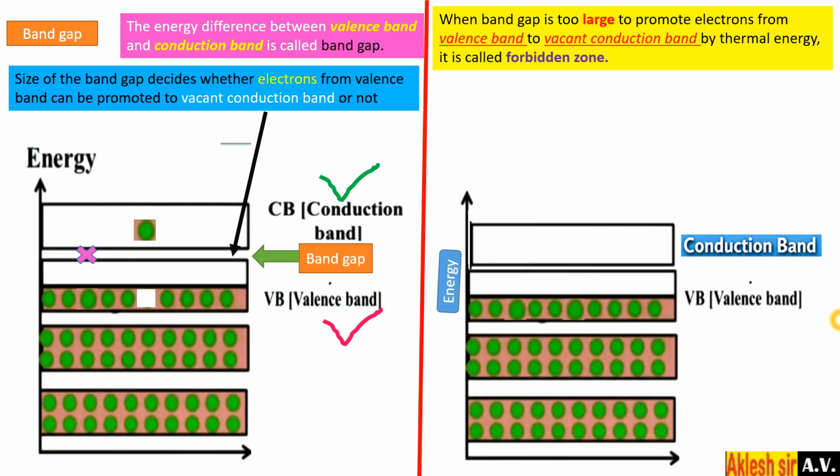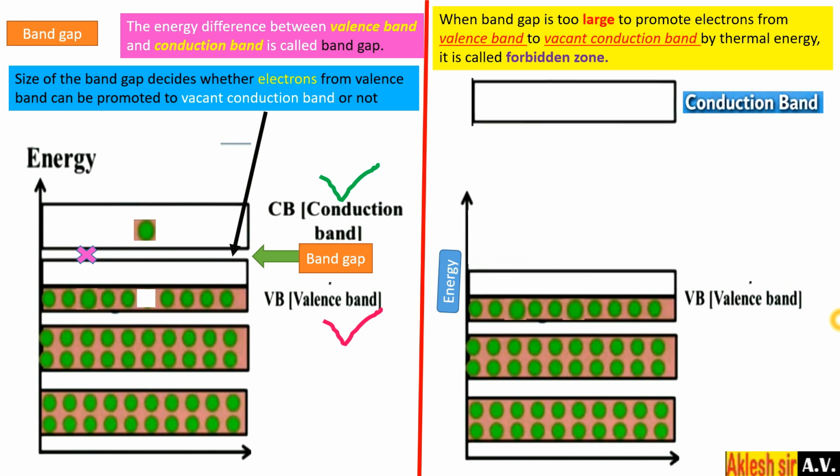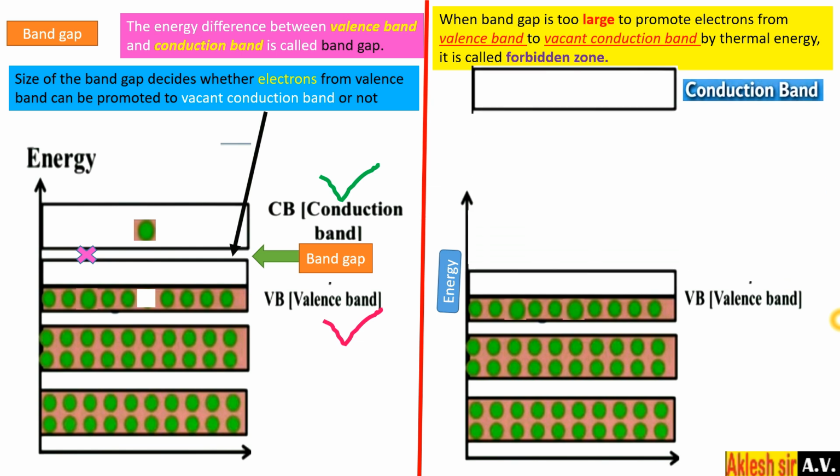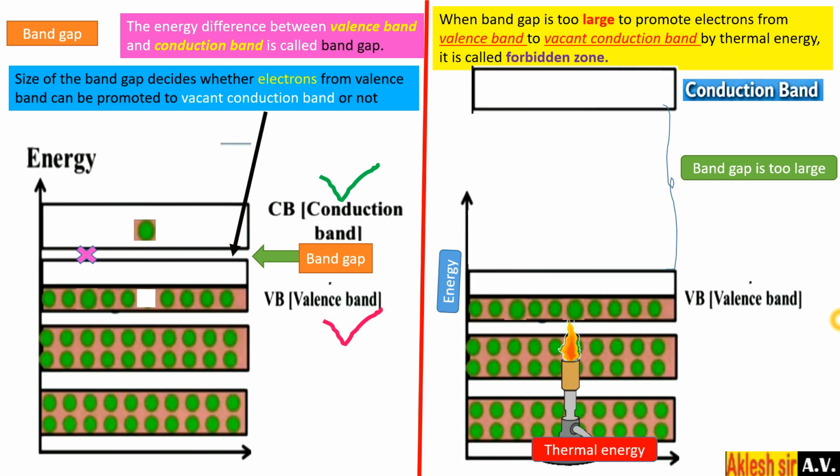Suppose the band gap is too large. For example, this is the valence band, this is the conduction band, and the gap between them is very large. Even if you supply heat, the electron will not get a sufficient amount of energy because the band gap is more, so it will not go to the conduction band.